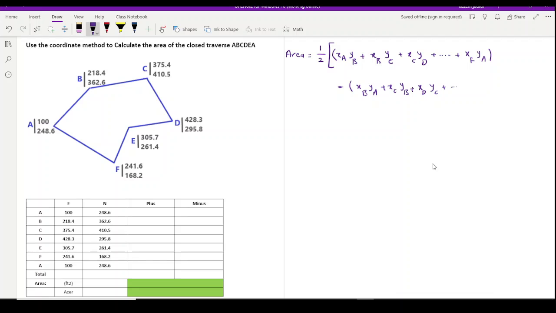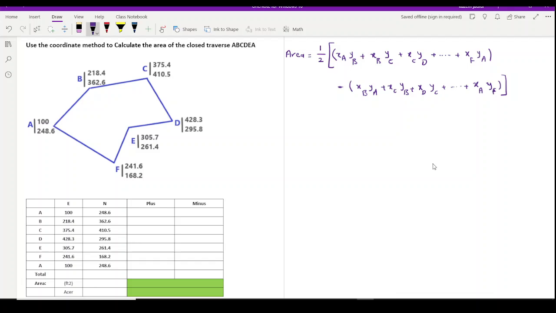Again, you're going to repeat it until you get to the last corner. Therefore, it's going to be xa times yf. Close the bracket. This is the single equation that we will use to find the area.